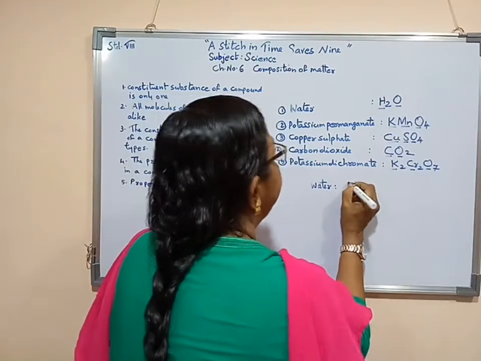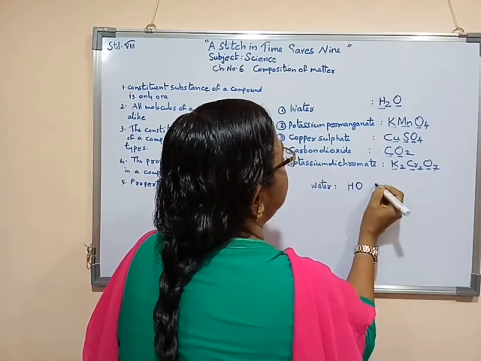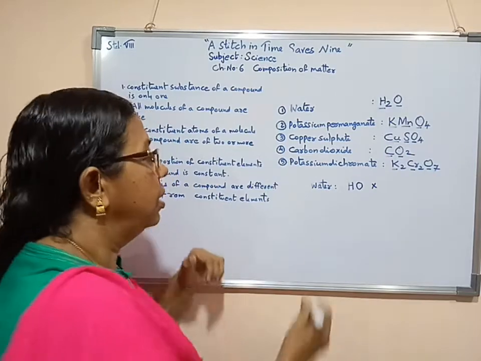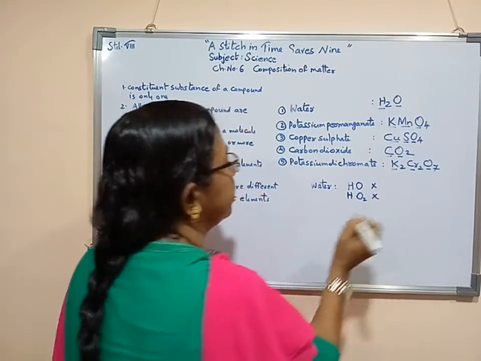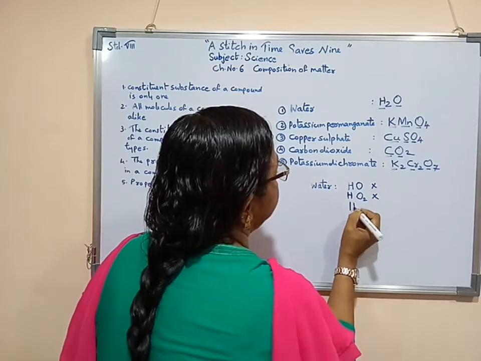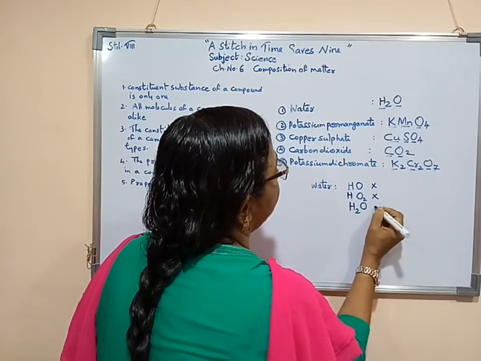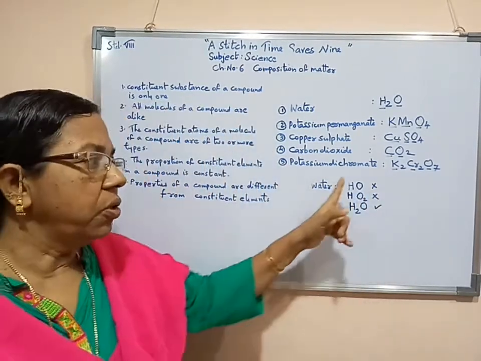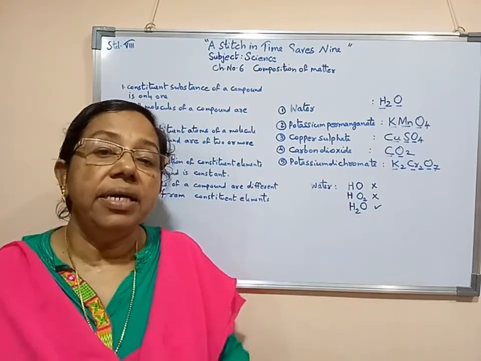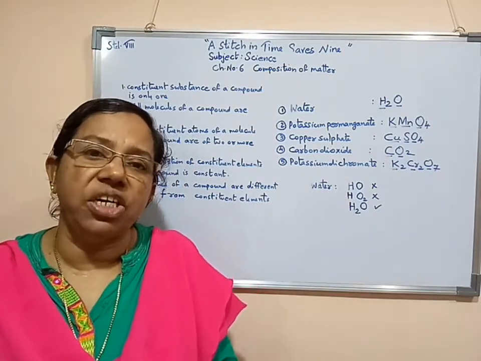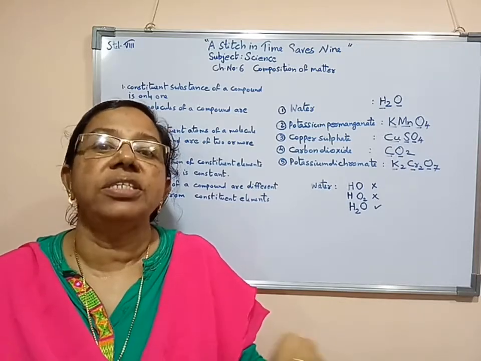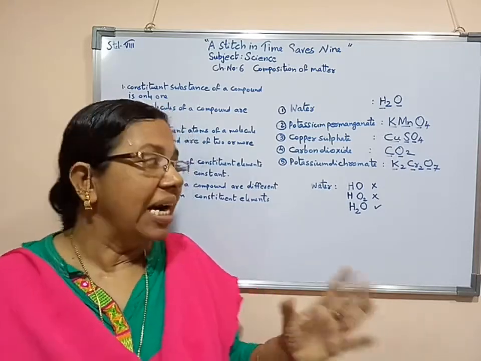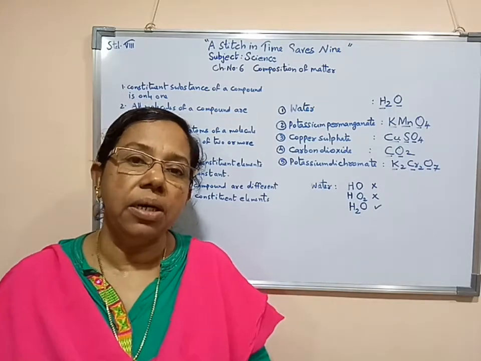Now, if I write HO, your answer is wrong. If I write HO2, your answer is wrong. If you write H2O, then your answer is correct. So from this we can understand that the quantity or proportion of atoms present in a molecule is constant, is fixed. Otherwise, your answer will be wrong.